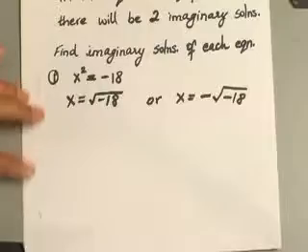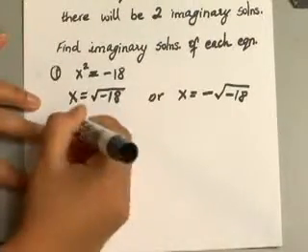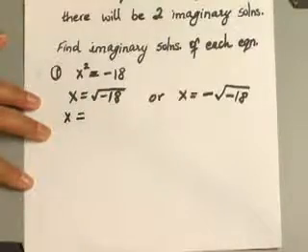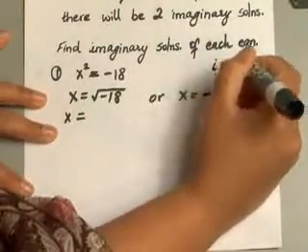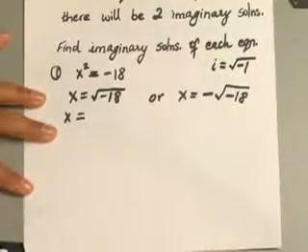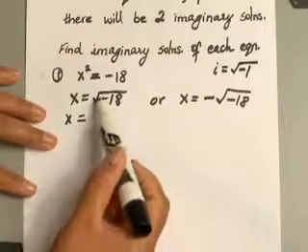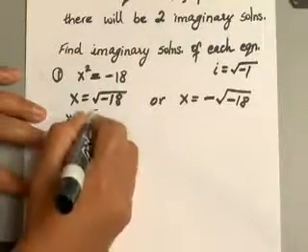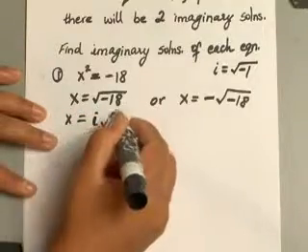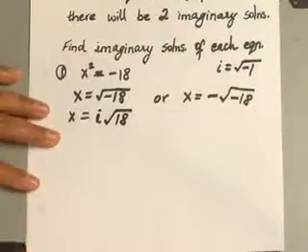Okay, so now what we will do is rewrite these radicals. If you remember, we had said i equals square root of negative 1. That's the information we're going to use here. So for the negative part, we will write that as i, which is the square root of negative 1.